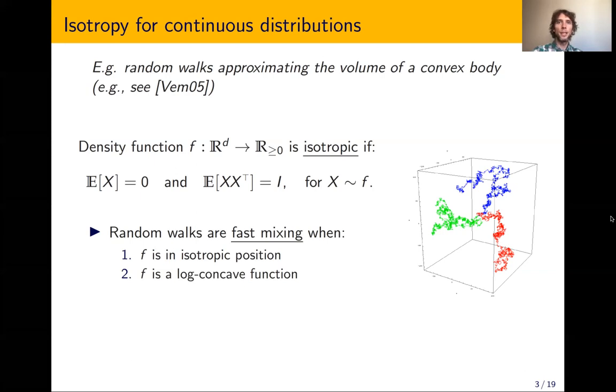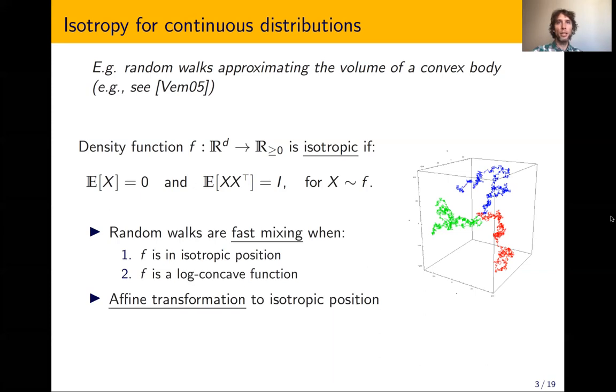In fact, often instead of requiring that the target density be isotropic, we can instead convert it to isotropic position, which can be done with a simple affine transformation.